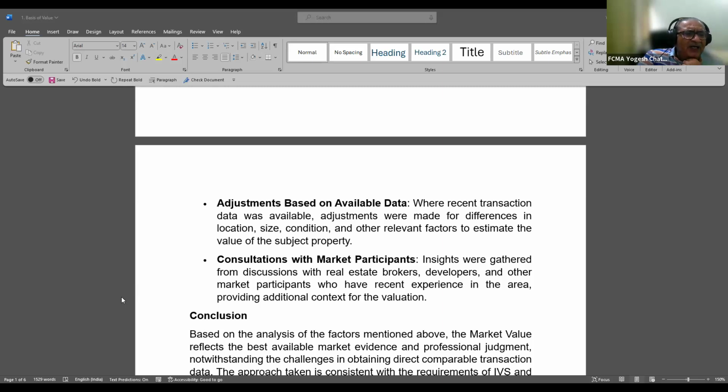Suppose in one commercial building, two buyers have purchased exactly the same type of office on the same floor of the same building, and it may happen that after 5 years the value of one property is 5 times more than the second property. How is that possible? That is possible because one property is available for disposal with vacant possession.